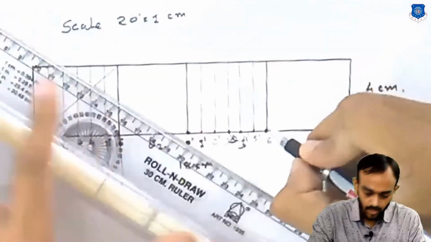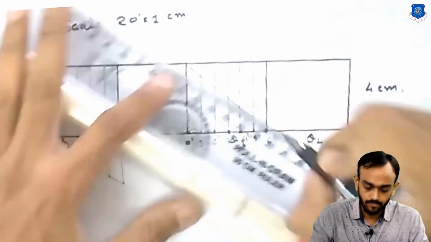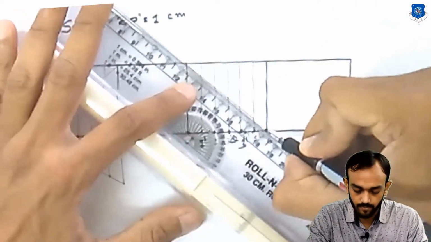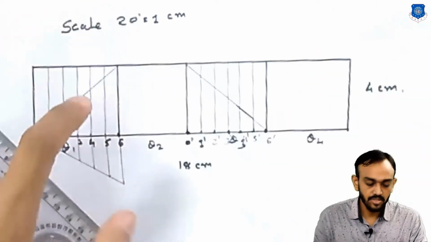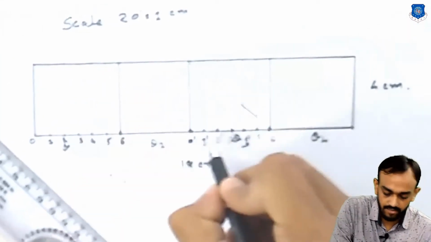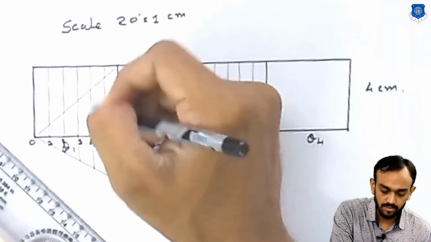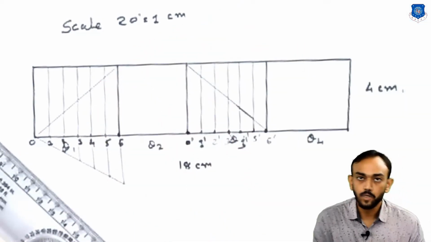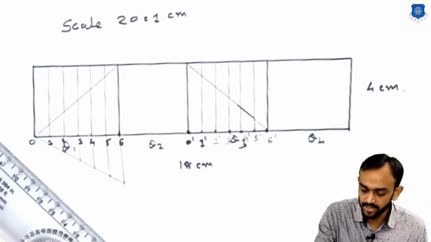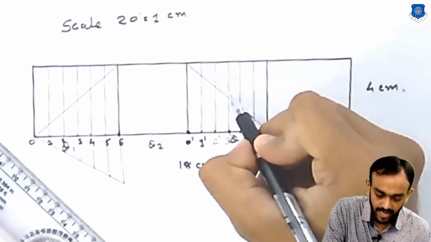Now 6 parts of this middle line, 3 and 3 dash, 6 partitions will be here of these 3 and 3 dash. Total height is 40 mm, so we have to divide this into 6 parts, and we already get the midpoint here.